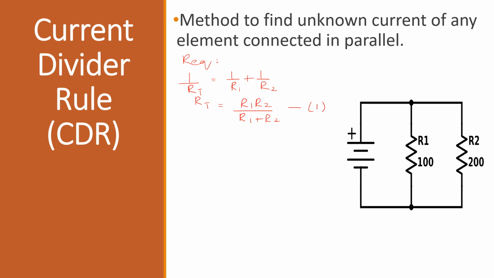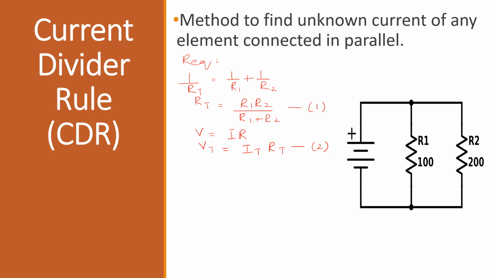From Ohm's law, we know that V is equal to IR. Therefore, Vt is equal to It multiplied by Rt. This is your equation 2. Now, we'll put this value of Rt from equation 1 into equation 2.